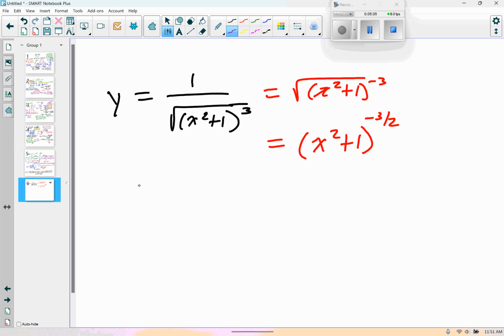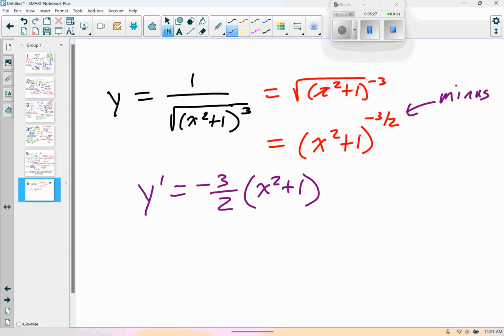All right, so if I want to find the derivative of this, I get the derivative of the outside times whatever the inside was, but then I have to go minus 1. So in this case, I'm going to subtract 2 over 2, which gives me the negative 1/2 power. And then I have to take the derivative of the inside.